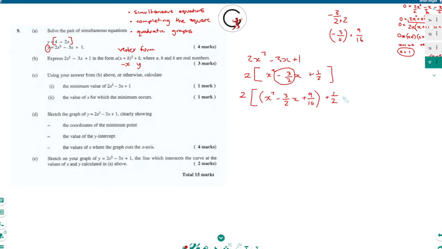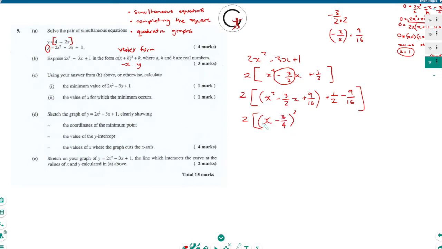We can't change the value, which means we have to subtract 9 over 16 on the outside, beside the 1/2. What we'll find is that this bracket simplifies to x minus some value such that when you expand it as a perfect square, it gives you back what we started. And as a matter of fact, you guessed it from this step right up here. It's going to be 3 over 4.